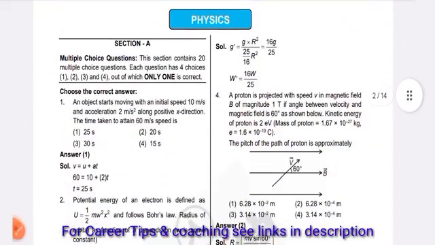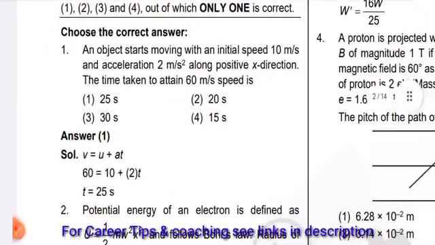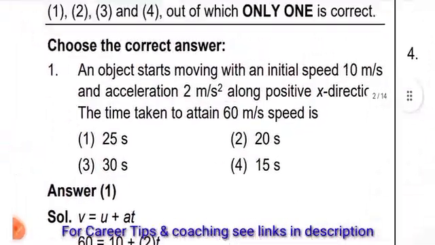So as you see, these are the list of questions which we are going to see. The first question, if you see, is an object which starts moving with an initial speed. It is an easy question actually. It is with initial velocity and acceleration, and it is traveling along x direction.